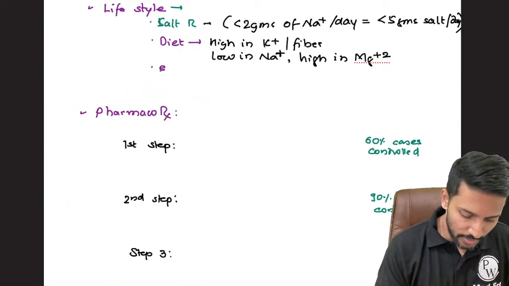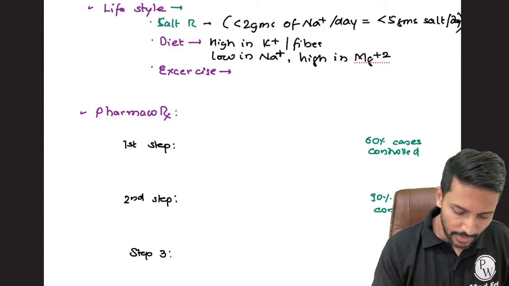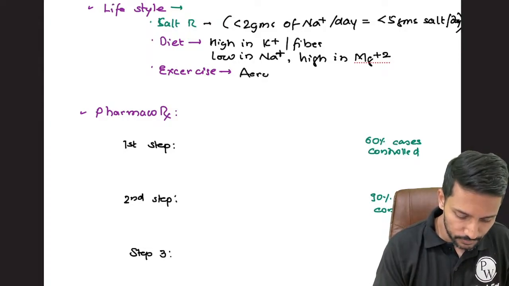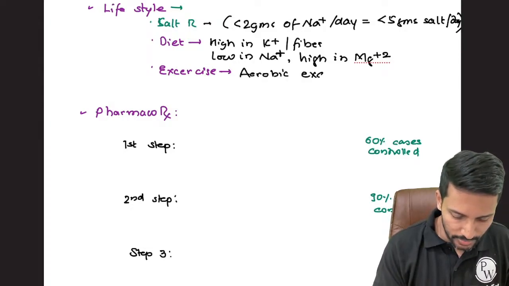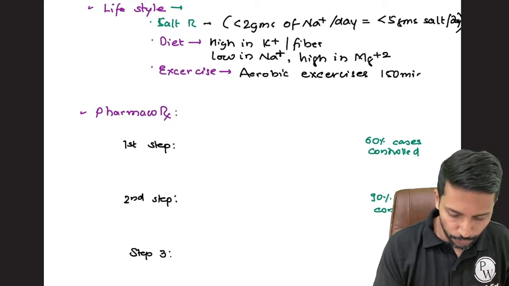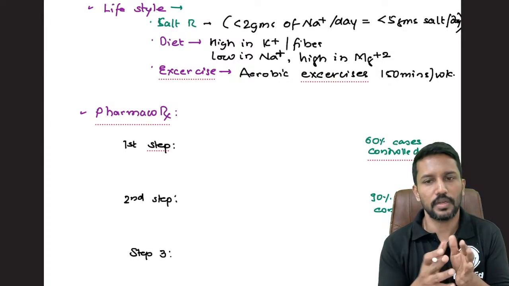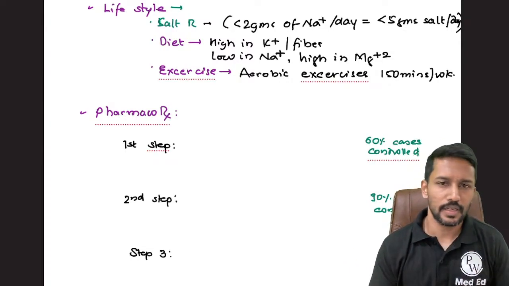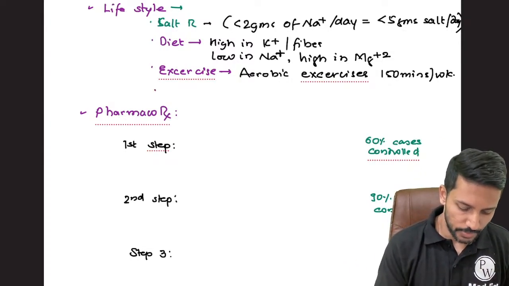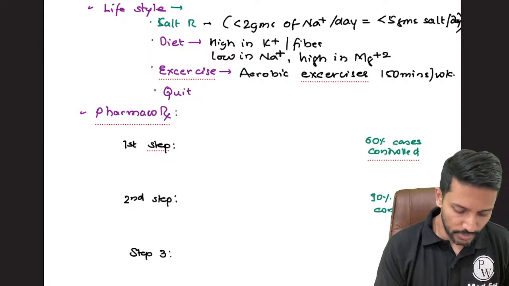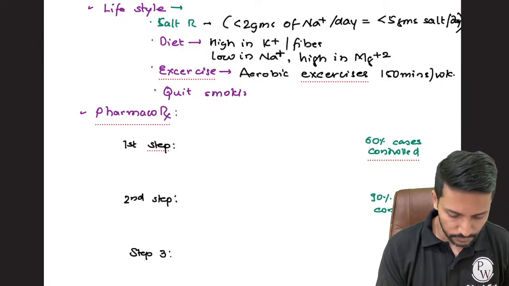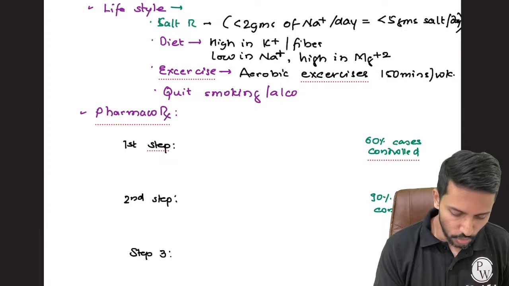Apart from this, lifestyle therapy also includes exercise and obviously quitting all the habits that the patient has got. So what exercise would I recommend? We would recommend them to do primarily aerobic exercises for 150 minutes per week. That roughly translates to 30 minutes of aerobic exercise per day, 5 days a week and 2 days of rest. And obviously the patient should make an attempt to quit smoking and alcohol.